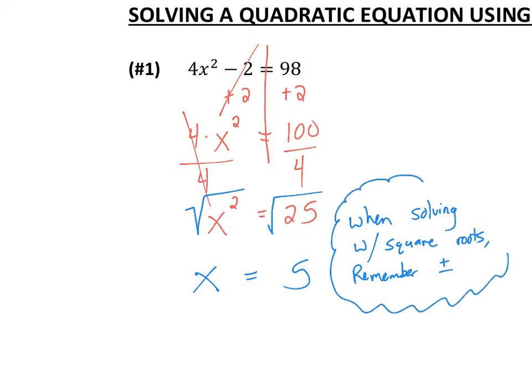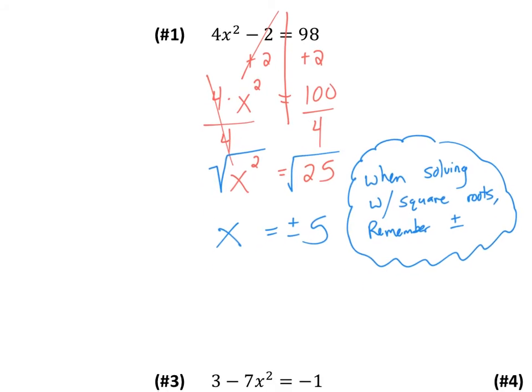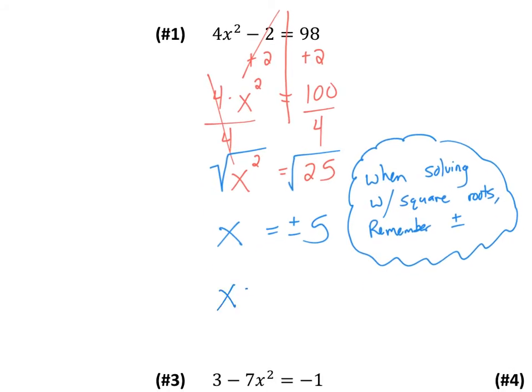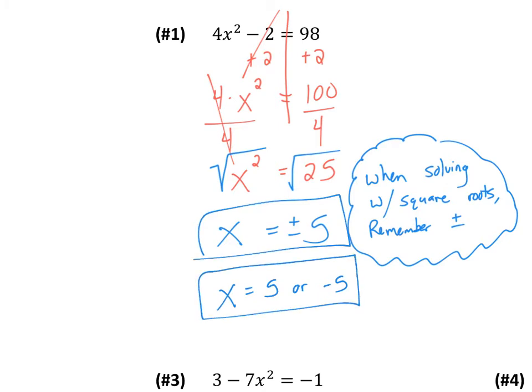And here's why. So when we're solving, it's not just positive 5, it's positive 5 or negative 5. So we'll put plus or minus 5. Another way to write this would be x equals 5 or negative 5. Okay, these are both the same answer. There's two different ways to write it.